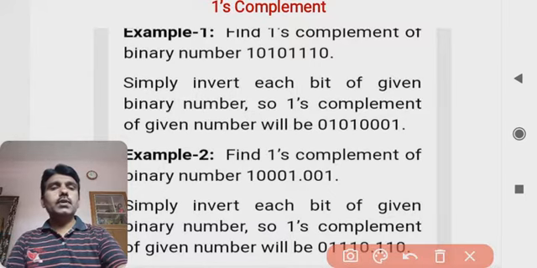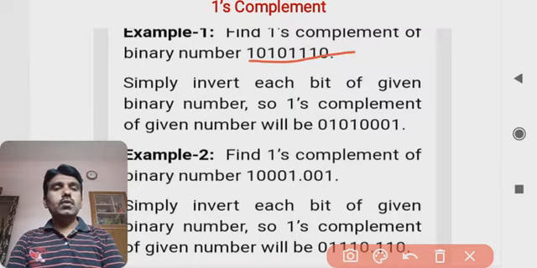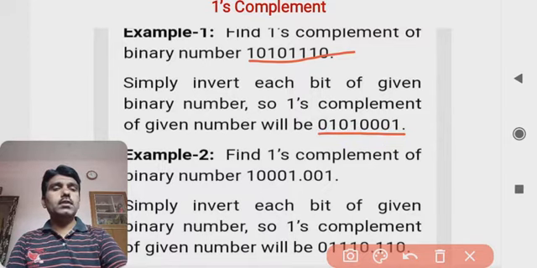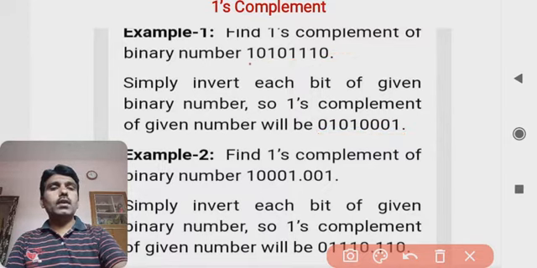Another example is 10101110. For that, you simply take the inverse of every digit. For the 1 it is 0, for the 0 it is 1, for the next 1 it is 0, and for the next 0 it is 1.